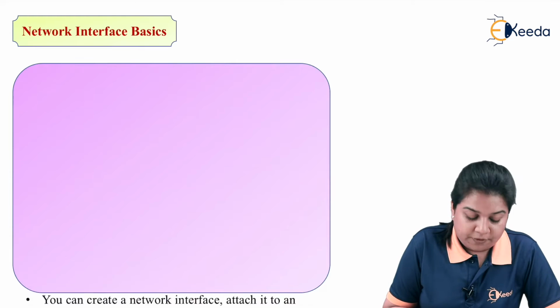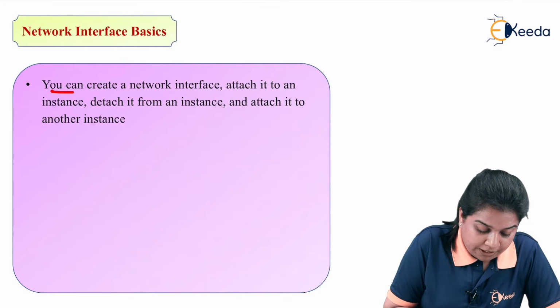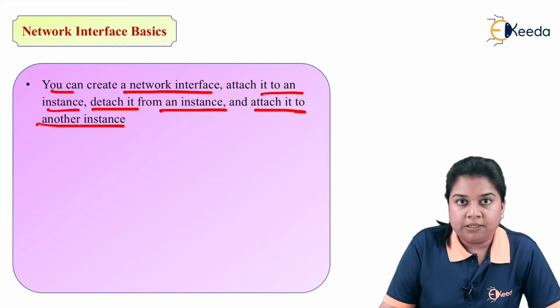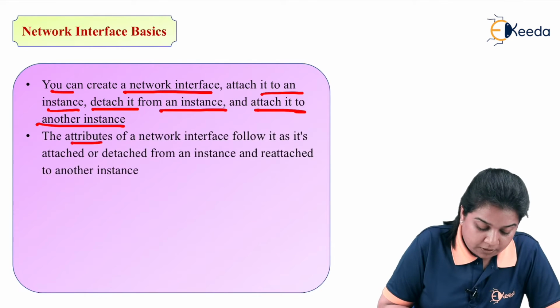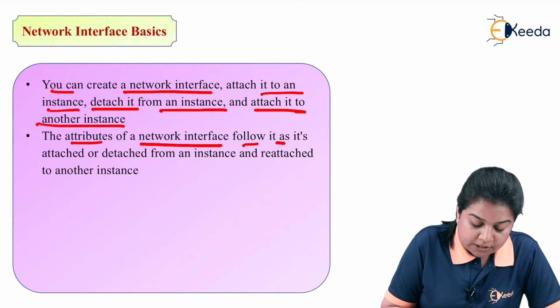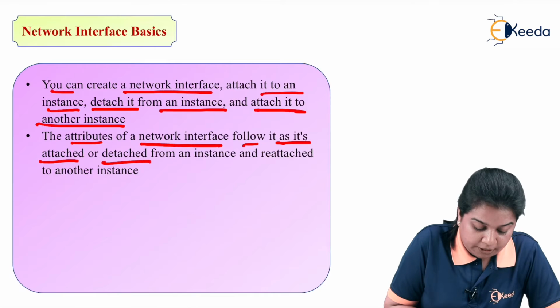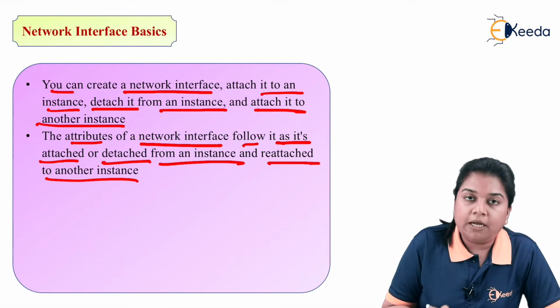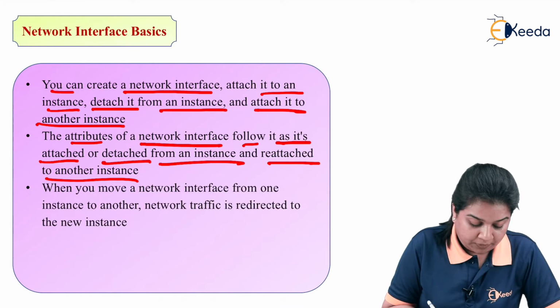Now, network interface basics. Here, you can create a network interface, attach it to an instance, detach it from an instance, and attach it to another instance. The attributes of a network interface follow it as it is attached or detached from an instance and reattached to another instance.